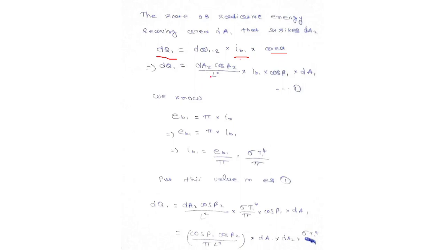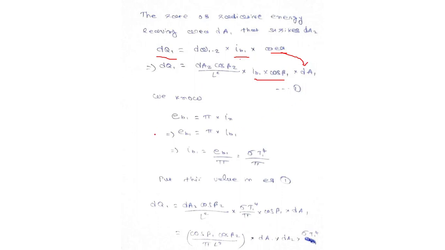We know the equation of solid angle, dA2 cos beta 2 upon L square, and for In equal to In cos beta, here we put IB1 cos beta 1, and since we are considering an elementary area, the area is dA1.